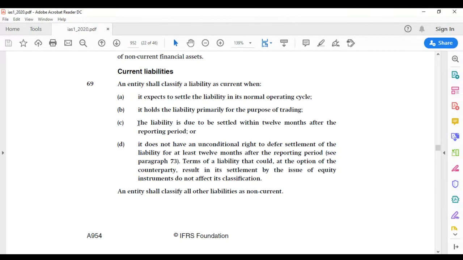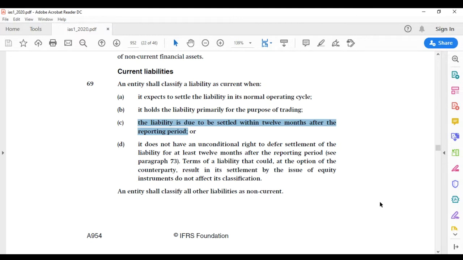That is again C. When the liability is due to be settled within 12 months after the reporting period. So if your intention is to settle or pay that liability within a year after your financial year ends, then it means it is going to be disclosed as a current liability, right?